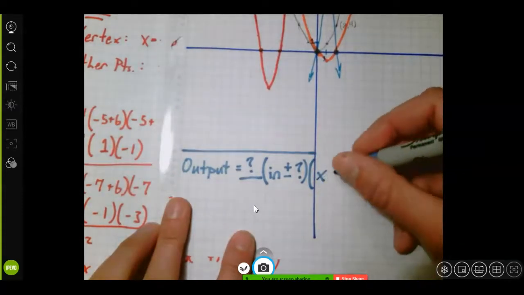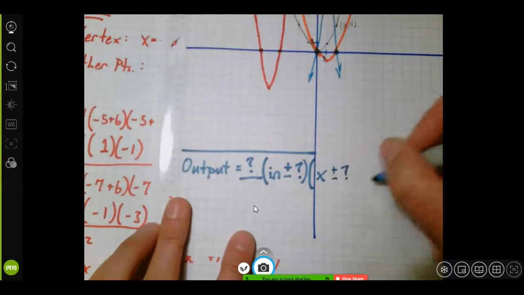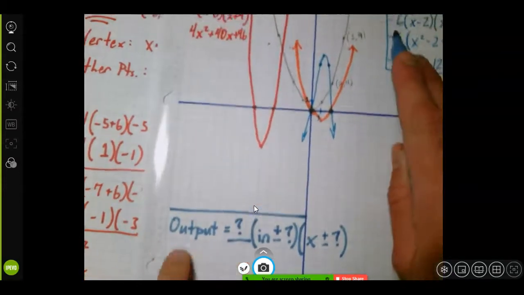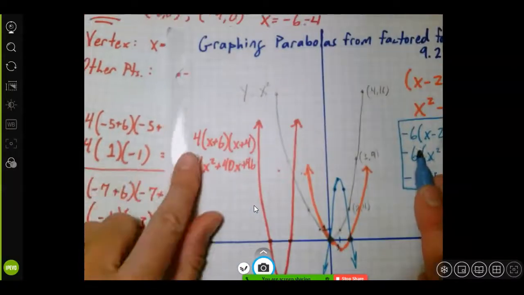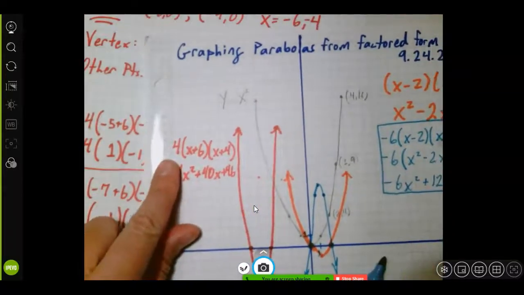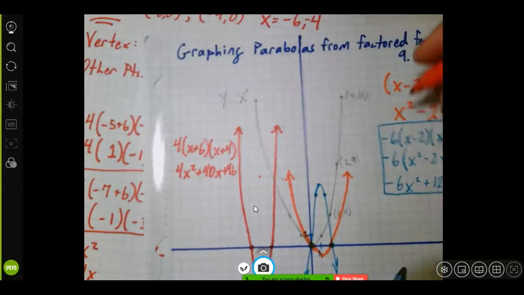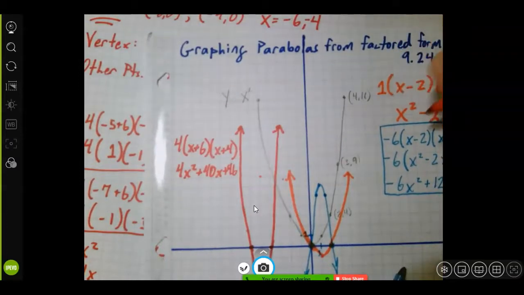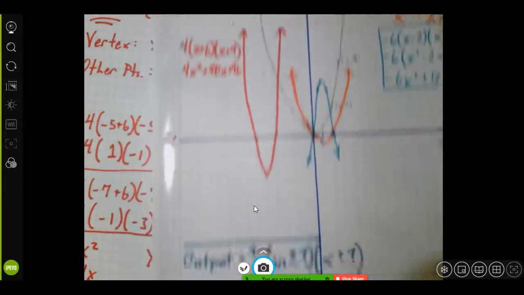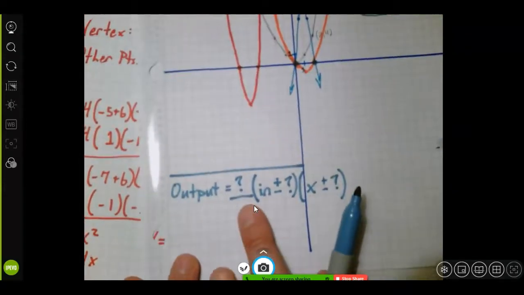So another input plus or minus something else. This negative 6, or this 4, or really this 1, remember there's a 1 here, we can always assume 1, that is multiplying to impact the output.